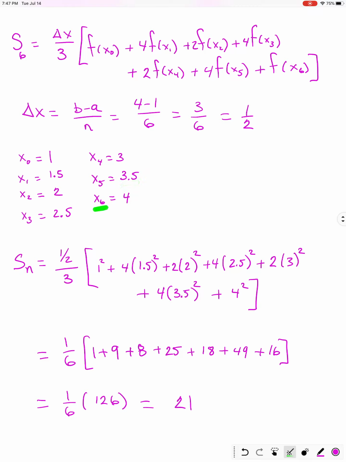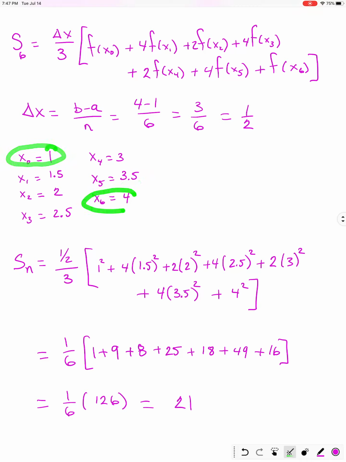And then the last one, x6, would be x5 plus delta x, so 3.5 plus 0.5 is 4. And notice, in Simpson's rule, we start with 1 and we end at the endpoint, which is 4. Okay, so let's plug in all those values.